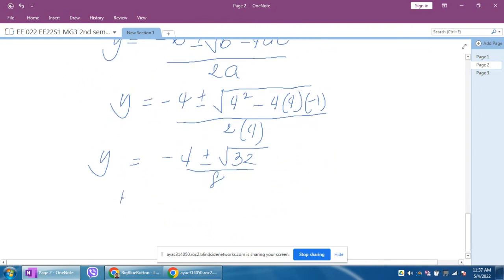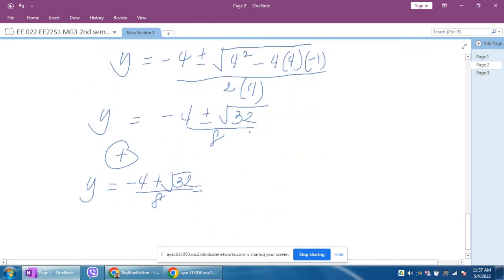So, if we take positive, ano po ang makukuha nating value ng y? Negative 4 plus square root of 32 over 8. How much is this? This will give us what? Paki-compute. 0.207.